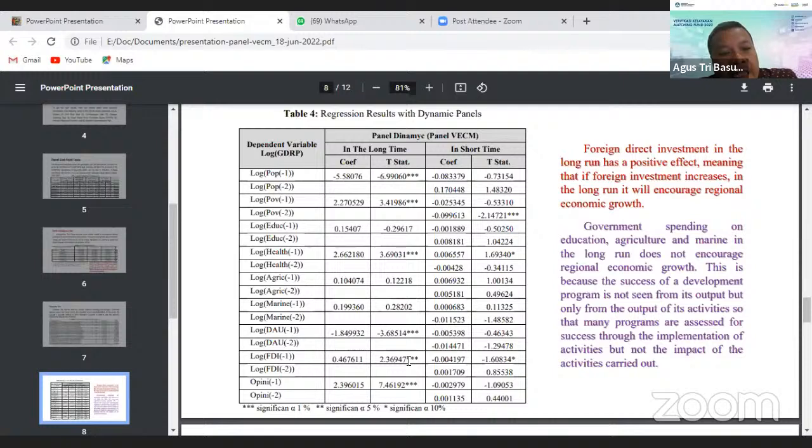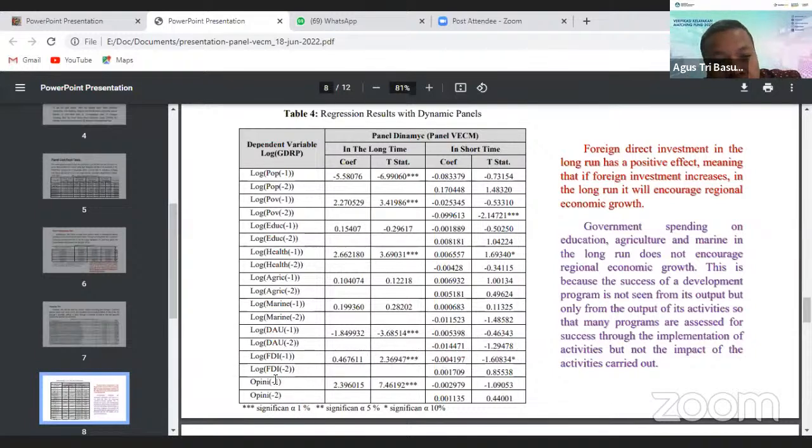So a 1% increase in foreign direct investment can drive GDP. But in the short term, an increase in foreign direct investment can drive, but it has a negative effect.